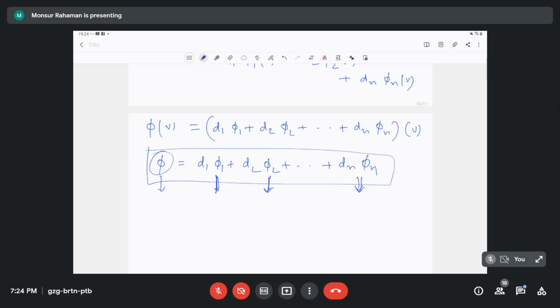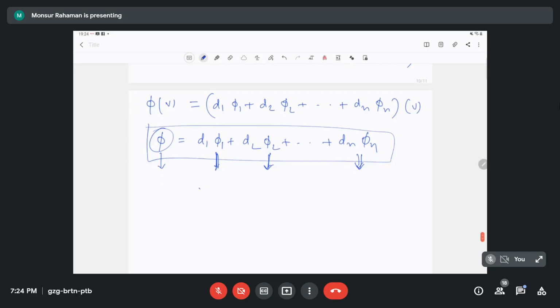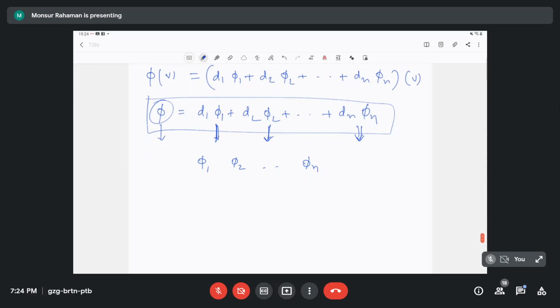So you have to prove that phi 1 to phi n are linearly independent. So to prove this, you have to first know the definition.